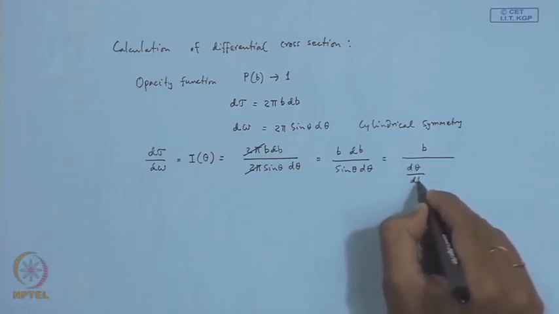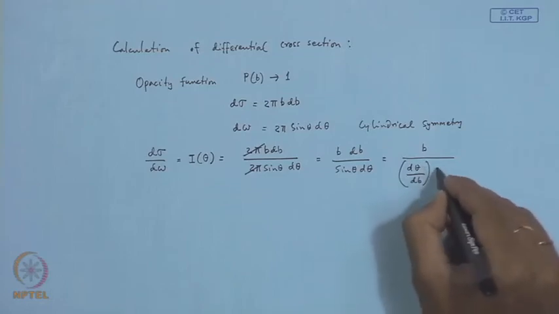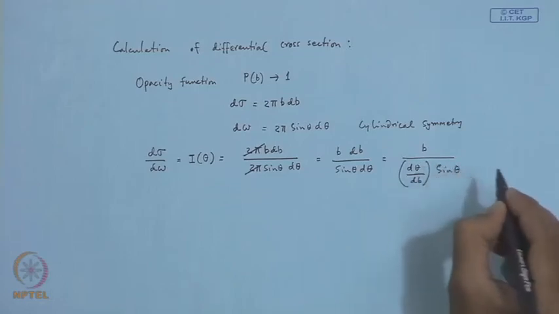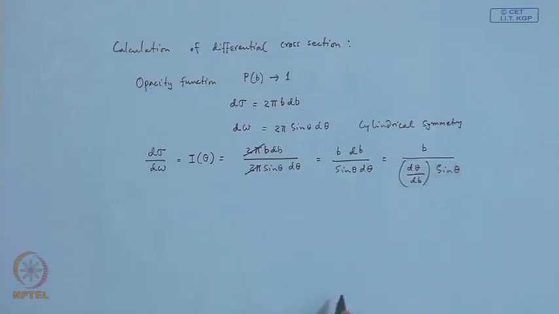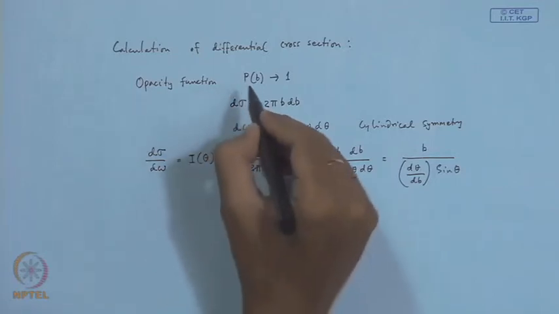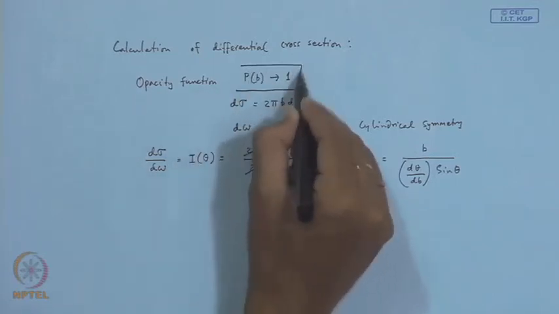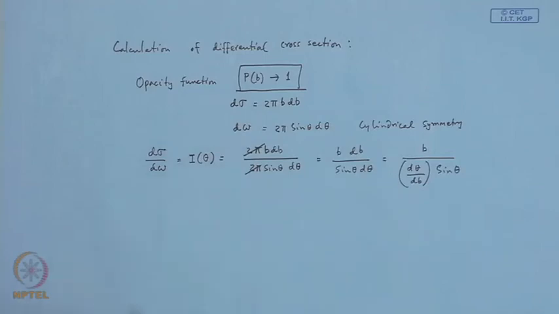So differential cross section has got relation with b. Of course, here in this case, for simplicity, your opacity function has been taken to be close to unity, or it is unity.